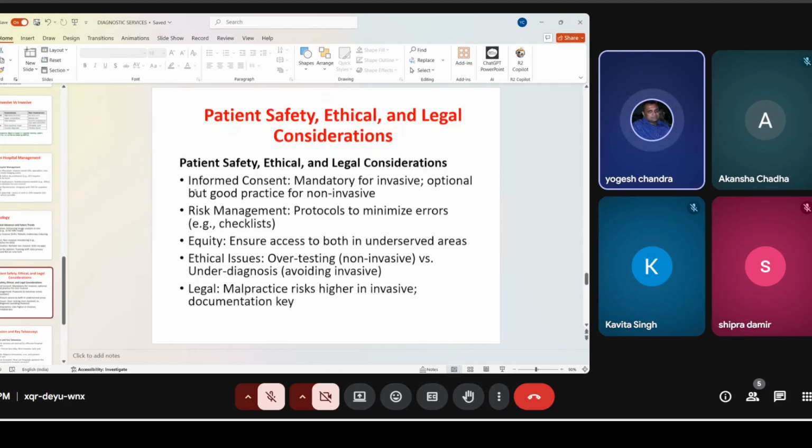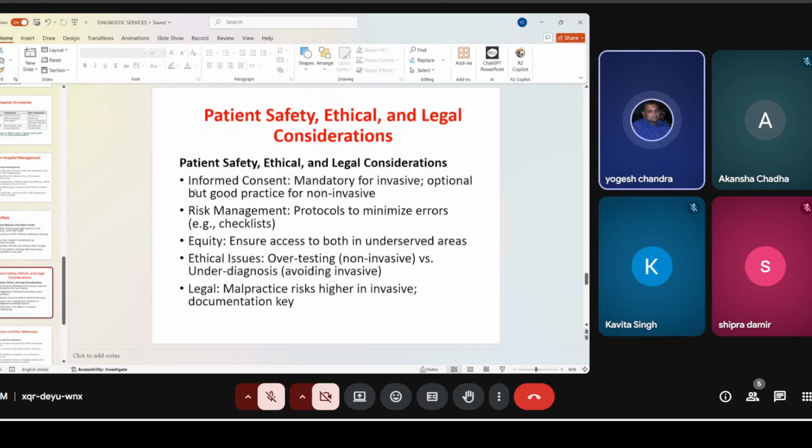Then ethical issues, you must make a balance. Over-testing is a common feature, done just for making money. This over-testing trend is prevailing. So as a hospital administrator, you must ensure that there is some kind of balance. Malpractice risk is very high in invasive procedures.